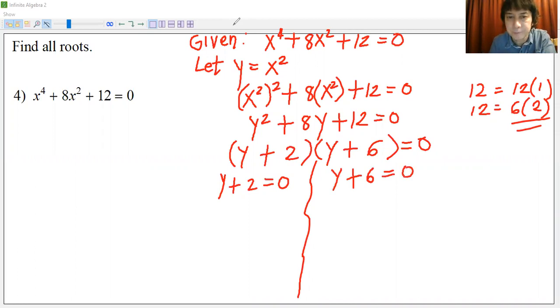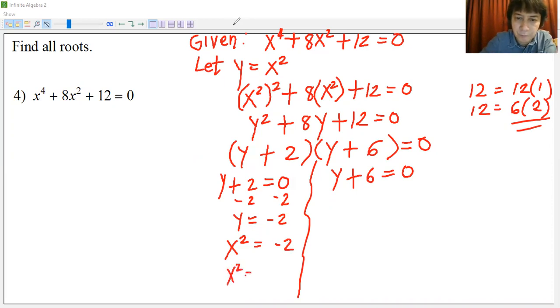Okay, so let us solve using the first equation. This is minus 2 and minus 2. y is equal to negative 2. Okay, now going back to our substitution, y is equal to x squared, so this is x squared equals negative 2. And then we will extract the square root. We have here x squared is equal to negative 2.